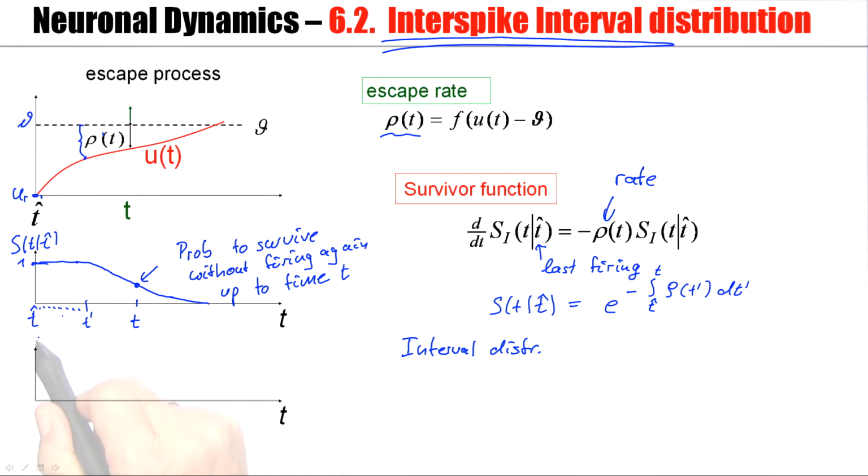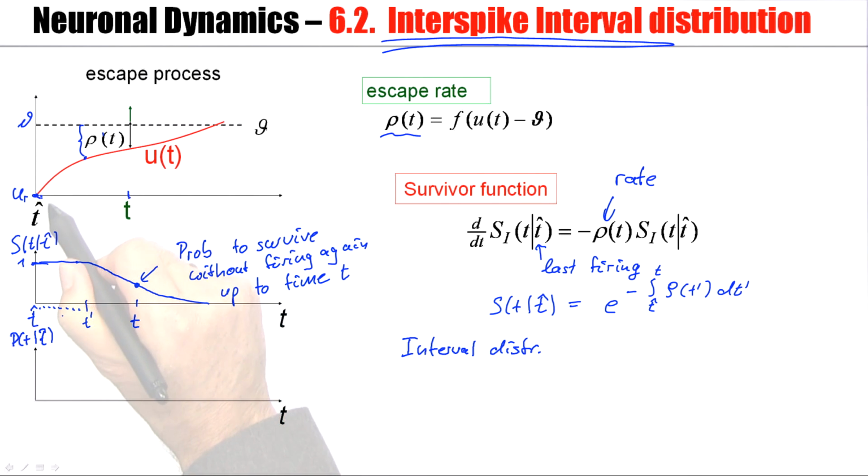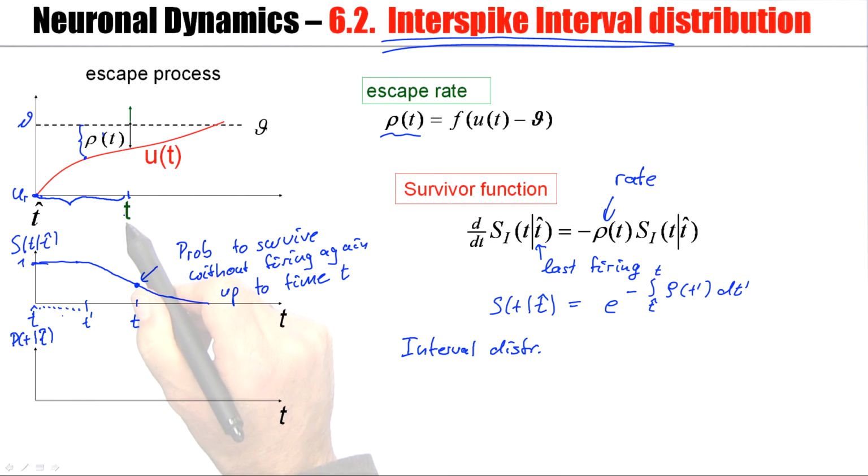Well, what's the probability that a neuron that has fired its last spike t hat will fire again at time t? P of t given t hat gives this as a probability density. Now for the neuron to fire its next spike at time t, it has first to survive from t hat to t without firing.